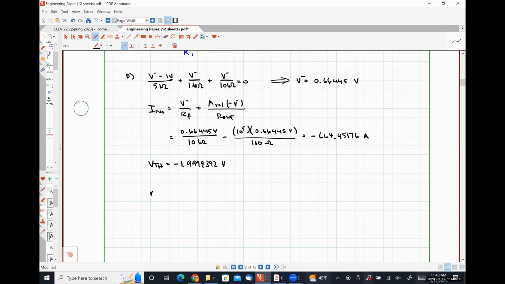And so lowercase r out is just the Thevenin resistance seen at the output terminals, VTH over I Norton, negative 1.9999392 volts over negative 664.45176 amps comes out to be 3.0085 milliohms, real close to zero, which is pretty much what we would expect.